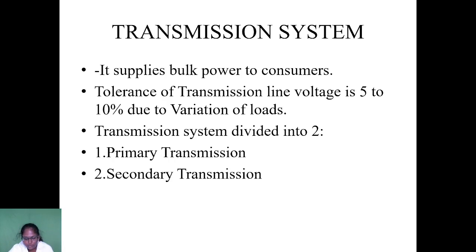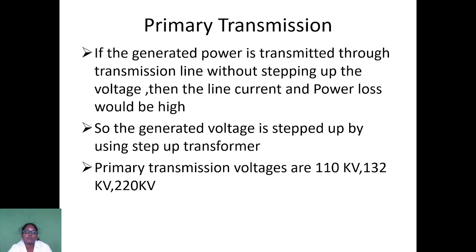Let's see what processes are involved in primary transmission and in secondary transmission in the power system network. This is the primary transmission. In primary transmission alone we use the step-up transformer. Why do we use the step-up transformer? If the generated power is transmitted through the transmission line without stepping up, then the line current and the transmission power loss would be high.